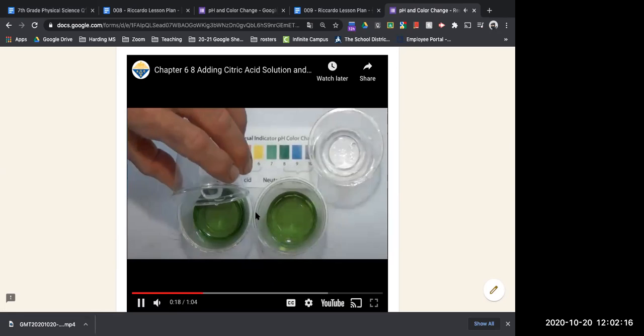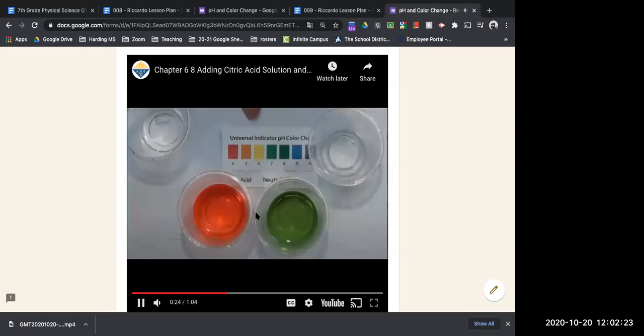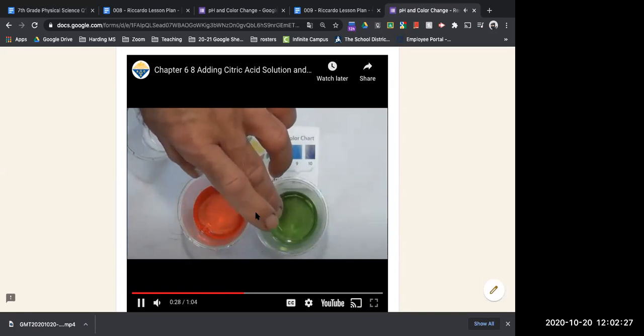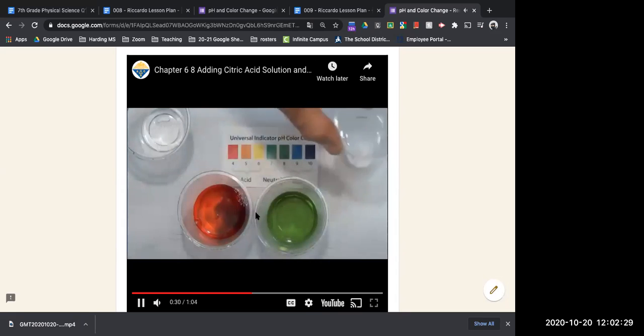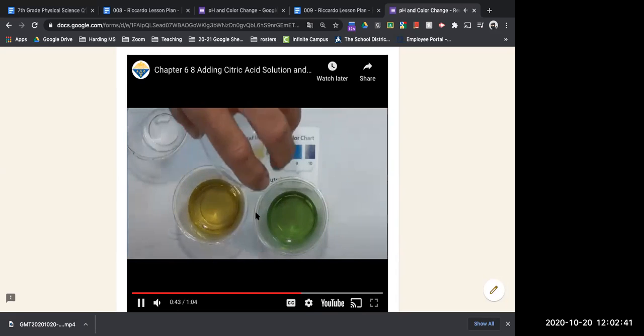The citric acid is added to the universal indicator solution. Notice what happens to the pH when the acid is added. Now we'll add sodium carbonate, which is a base, to this acidic solution. The base causes the solution's pH to increase from 4 to around 6.